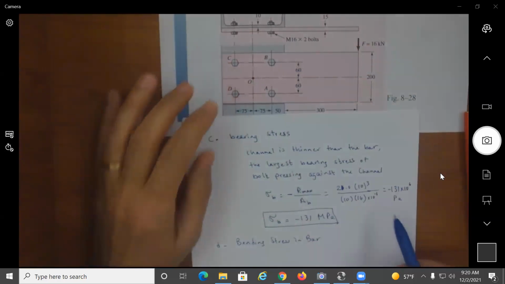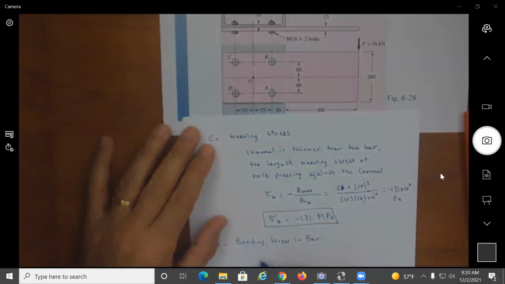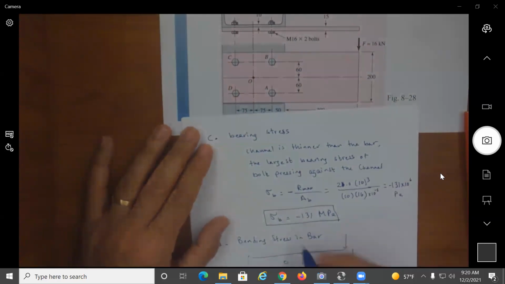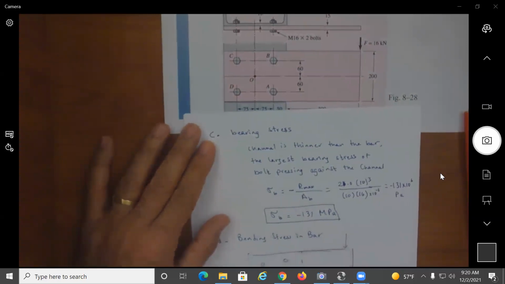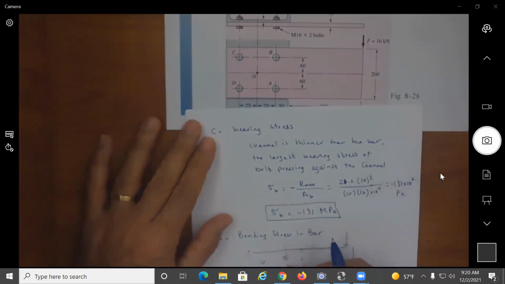So if I'm looking at my bar, I have the force here, and then we have these bolts like this. So my critical section is going to be going through the holes.